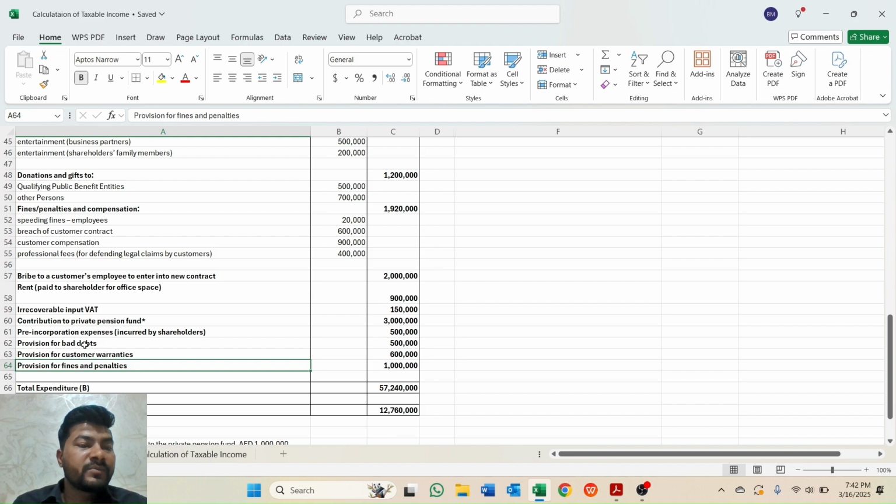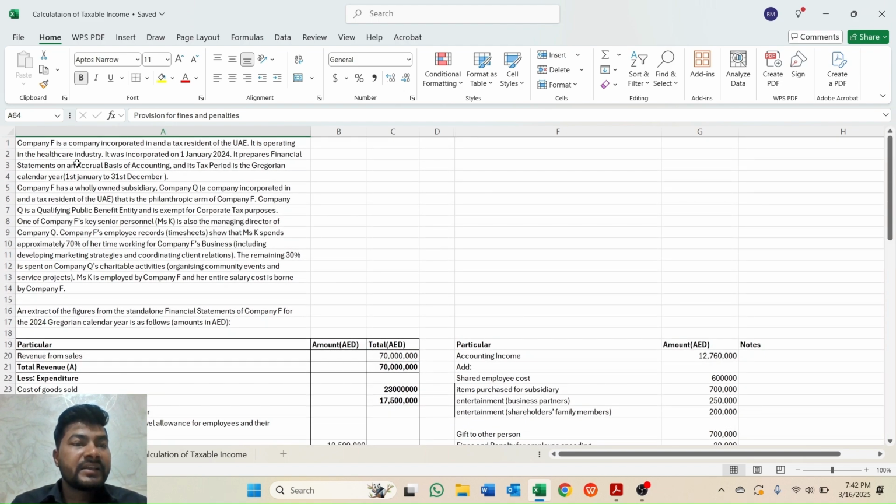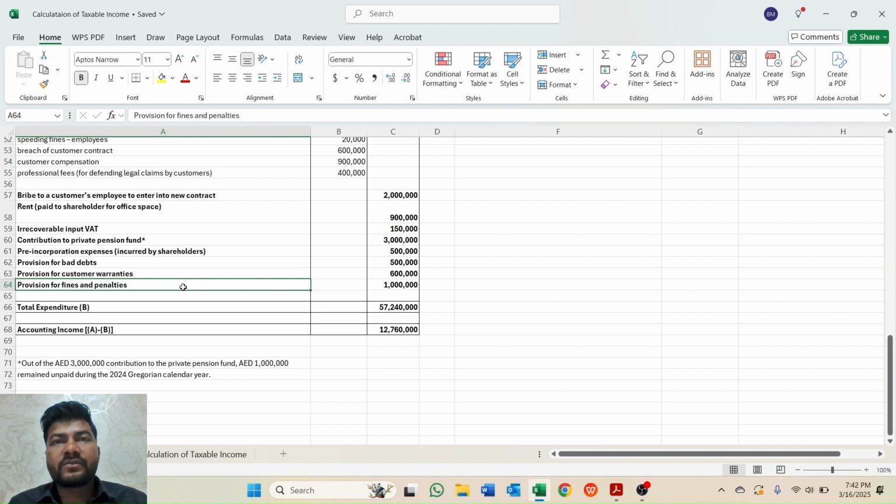Now let's come to provision for fines and penalties. Since the company is in the healthcare industry, here it is the fines and penalties for pollution, like for manufacturing or industry, for pollution clearance or so, paid to the government, local government.